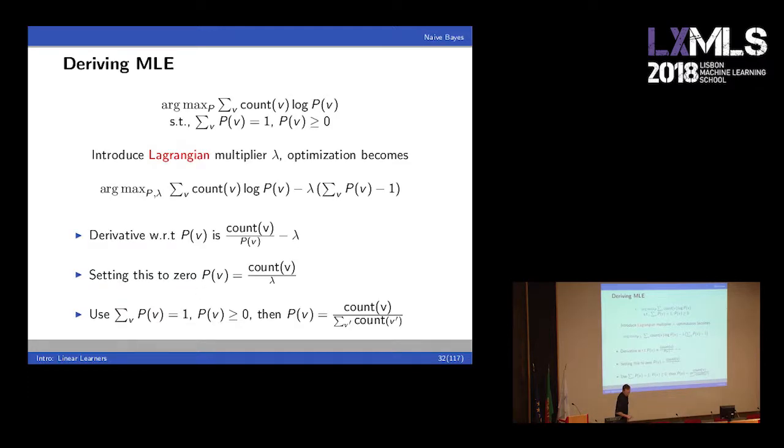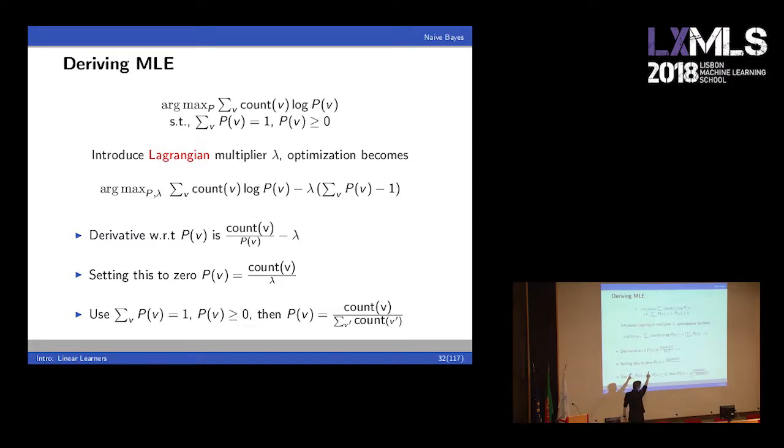So the derivative with respect to P of V, that's easy. We have to take the derivative of something that is behind a log. So that means we have 1 over that something, like P of V. And then we take the derivative.